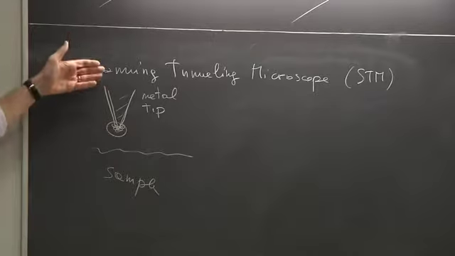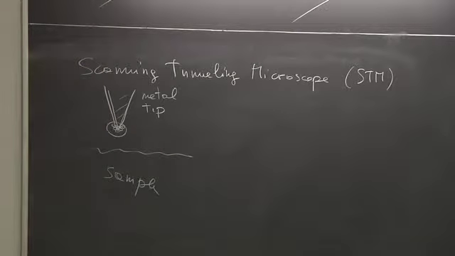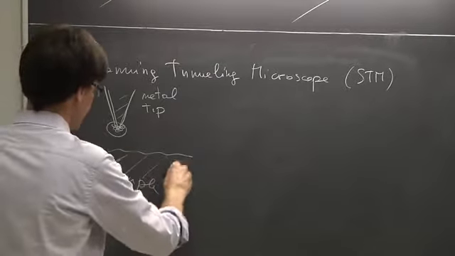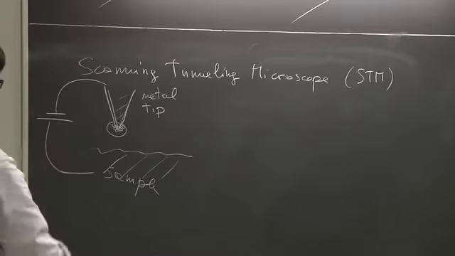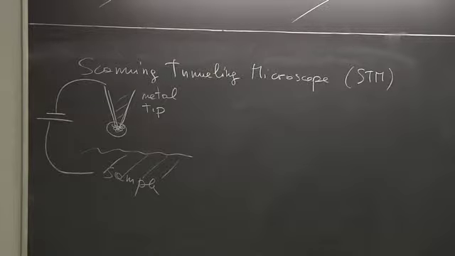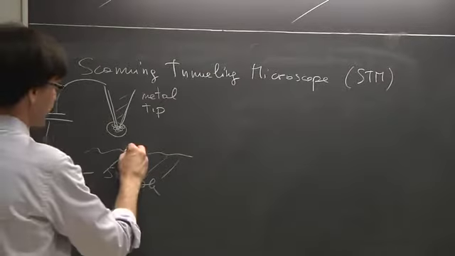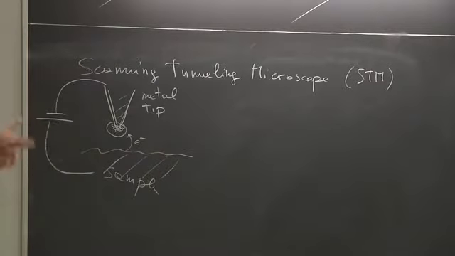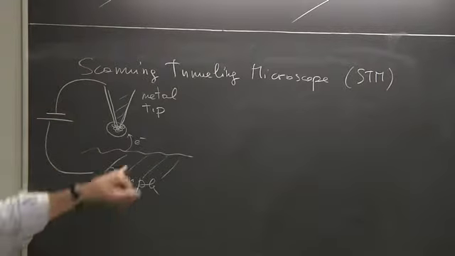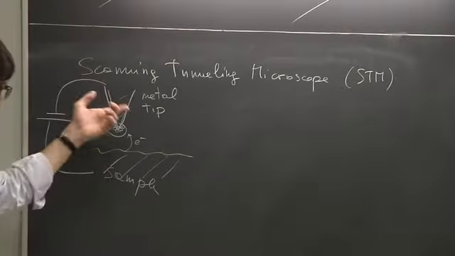Now, if you come closer with your metal tip to your sample, and you apply a voltage between the sample and your metal tip, you can expect at some point that there will be current flowing in either direction, depending on the voltage, either from the sample to the tip or from the tip to the sample.